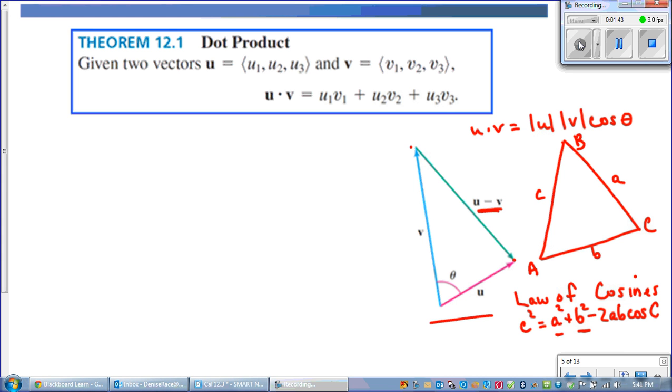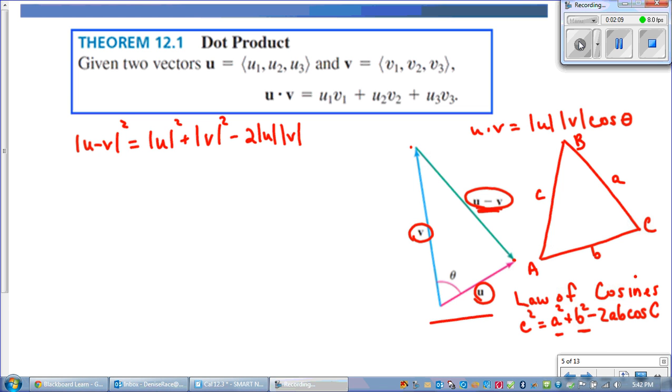So applying the law of cosines, I know that the magnitude of u minus v, which is the length of this side, squared, will be equal to this side's magnitude squared plus this side's magnitude squared minus 2 times the magnitude of u times the magnitude of v times cosine of the angle that's between the two vectors, theta.